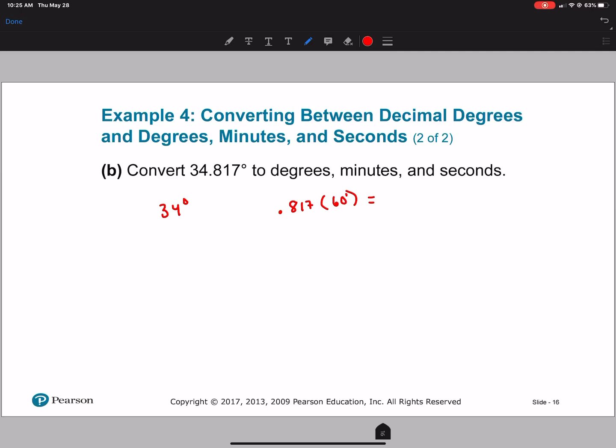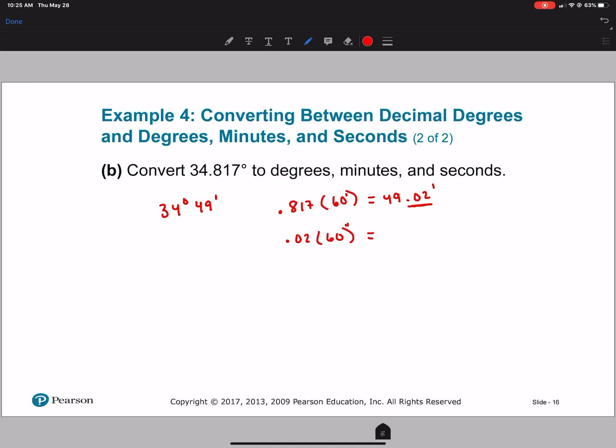When you multiply it times 60 minutes, you'll get 49.02 minutes. Now, the whole number of this is what you're going to use for your minutes. So you got 49. Now, the end part, this part right here, we're going to do this same process again, 0.02, and we're going to multiply that times 60 seconds, of course.